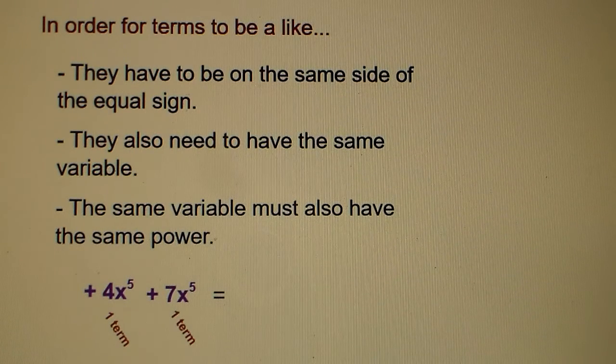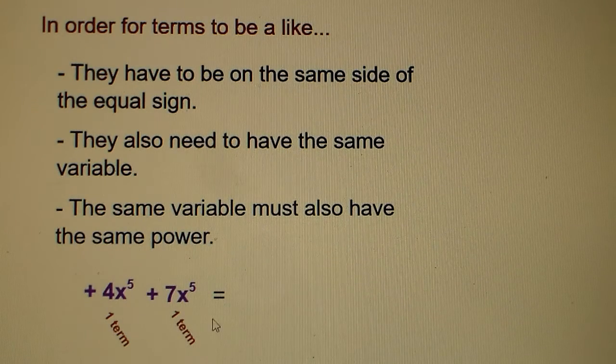Alright, in order for terms to be alike, they have to be on the same side of an equal sign. They also need to have the same variable, and they need to have the same power to that variable. So like down here, the plus 4x to the 5th is one term, and positive 7x to the 5th is another term.